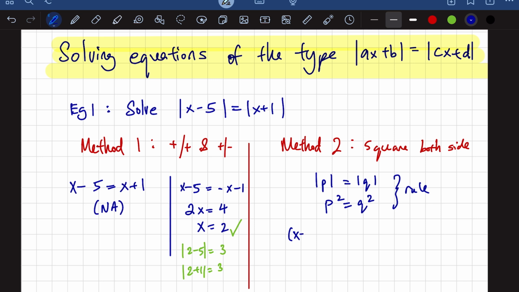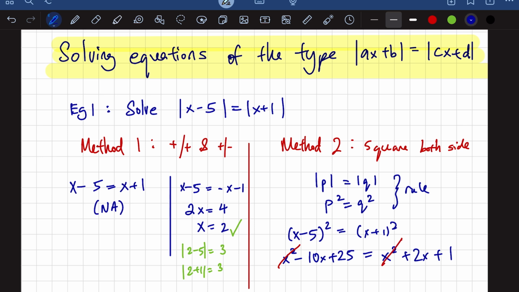So x minus 5 squared equals x plus 1 squared. We'll go ahead and expand. So x squared minus 10x plus 25 equals x squared plus 2x plus 1. The common term here is x squared, so we just cancel that out.